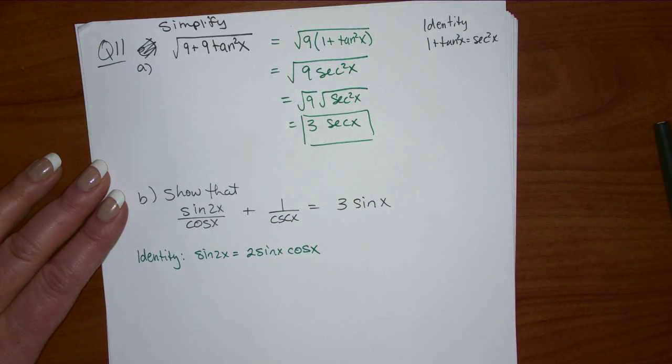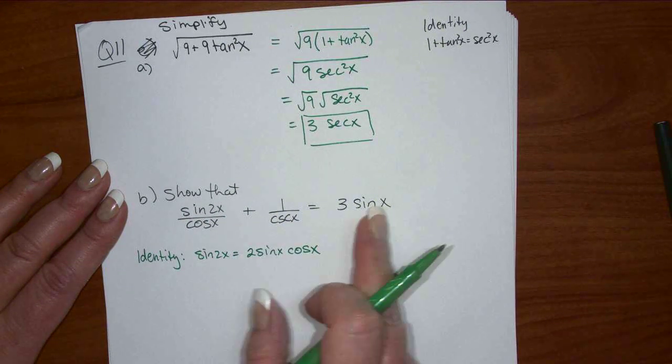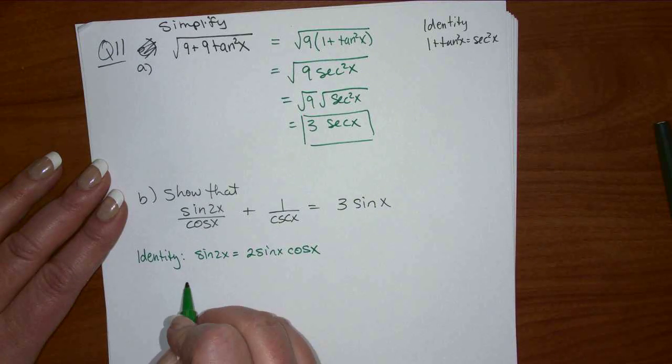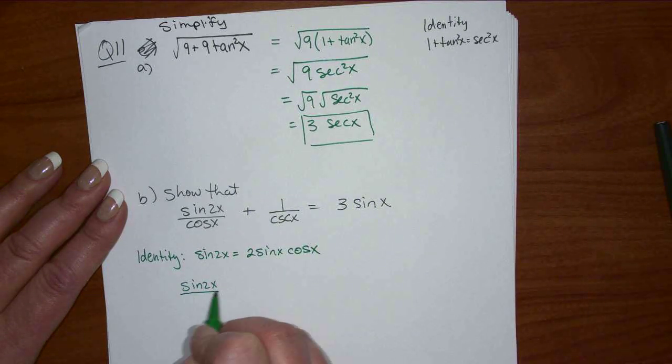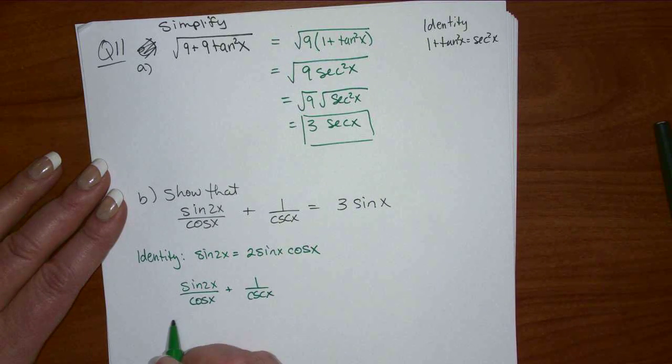Okay? Now we can rewrite, so we're looking only at the left-hand side, and we're trying to get it to look like the right-hand side. So if we start with sine 2x over cos x plus 1 over cosecant, I'm just rewriting it. So sine 2x over cos x is 2 sine x cos x over cos x.